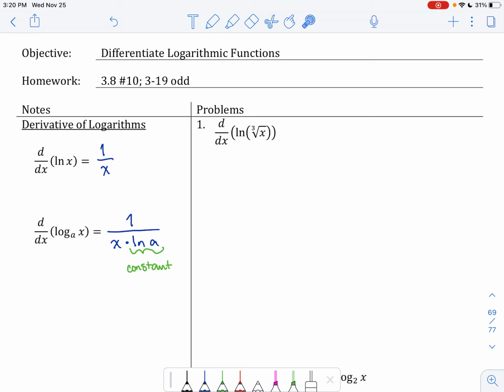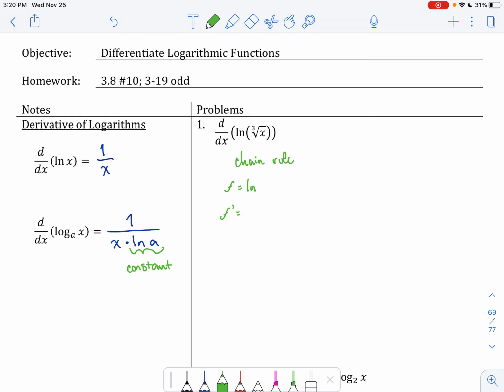So if I have the derivative of ln of the cube root of x, you have two different options here. You can either use the chain rule, which says that your outer function is natural log.